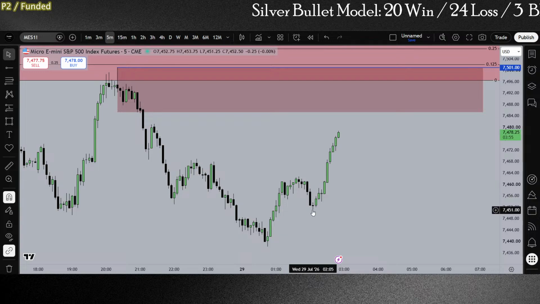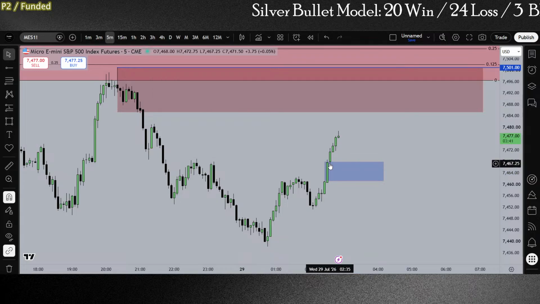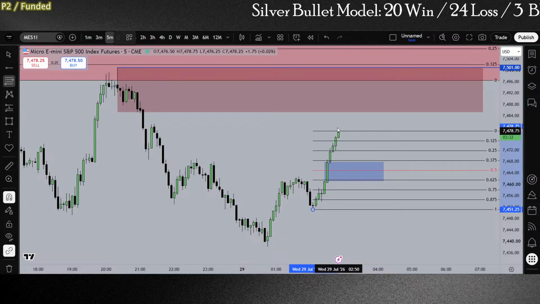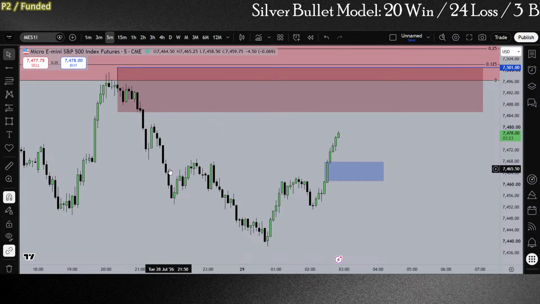All right, so generally what I like is this imbalance here, this BISI, which technically kind of overlaps with this CB.